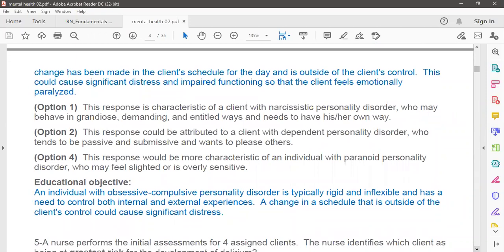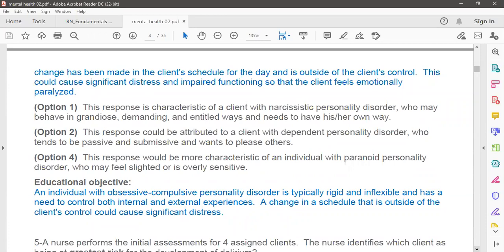So always keep in mind, OCD patients need cognitive therapy to help the patient identify sources of anxiety, because everything they do is because of their anxiety, and anxiety leads to compulsive behavior.